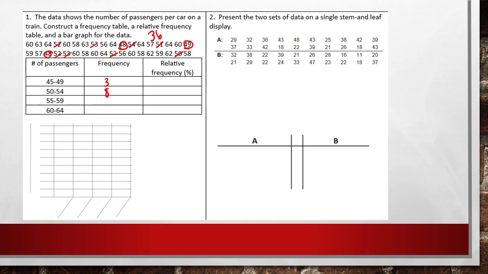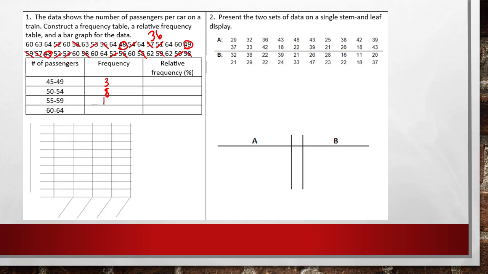Then 55 to 59, we have, let's go the other way, 1, 2, 3, 4, 5, 6, 7, 8, 9, 10.